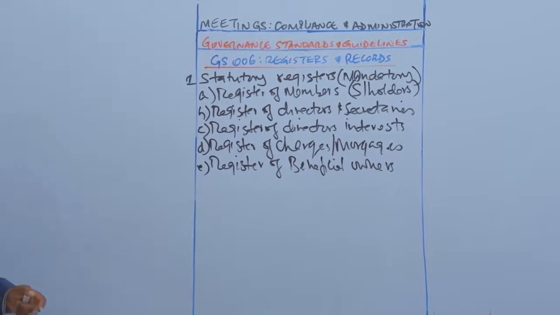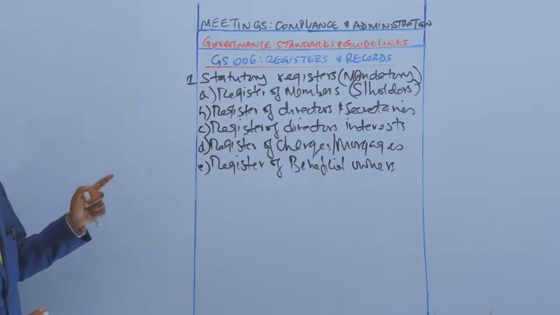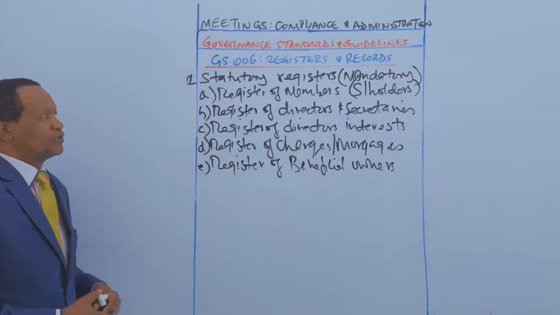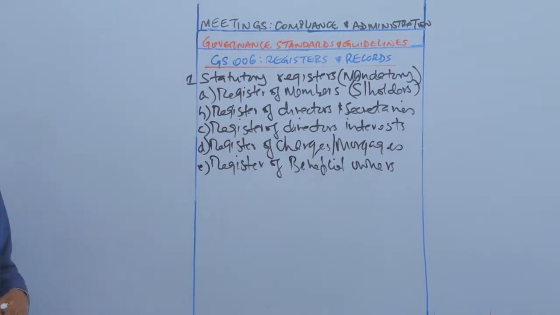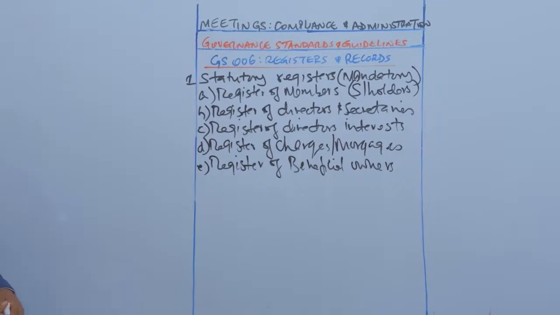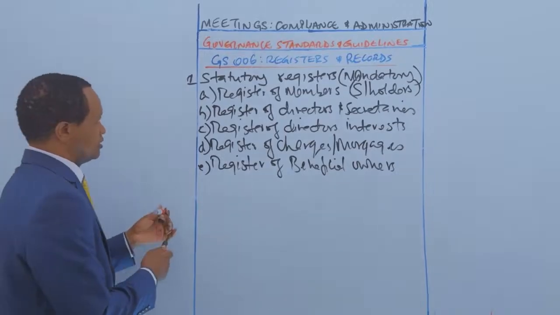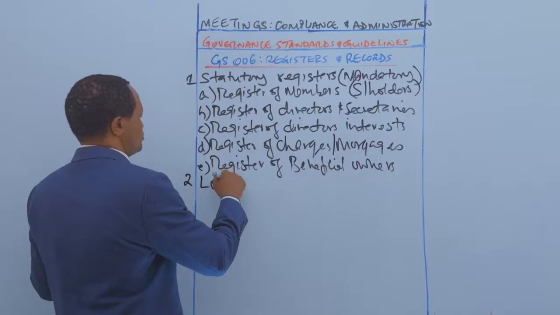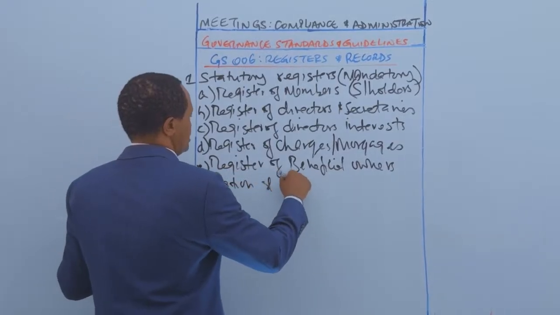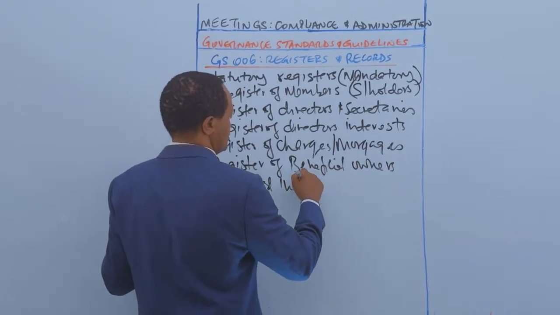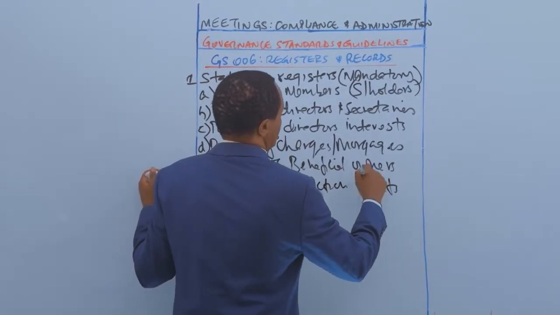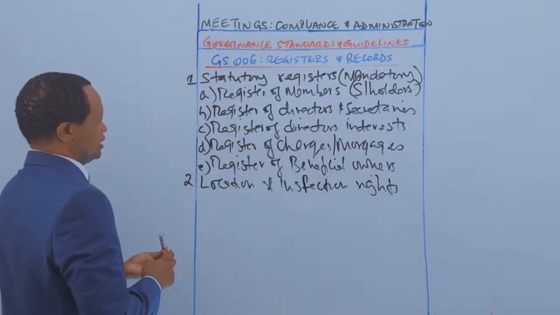Understand? Yes. So these are mandatory statutory registers. Then let's discuss location and inspection rights.